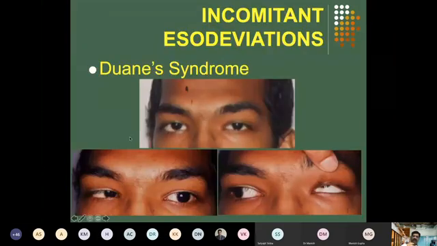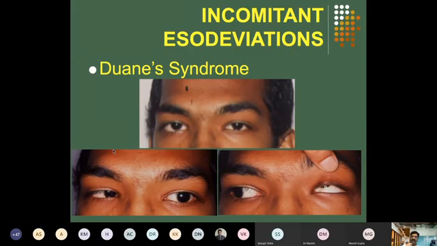Now coming to the next, which is one of the common squints we see in our day-to-day life, and these are Duane's retraction syndrome. As is clear from the name, two things are there. One is limitation of movement of whichever eye is affected, most commonly the lateral movement limitation.